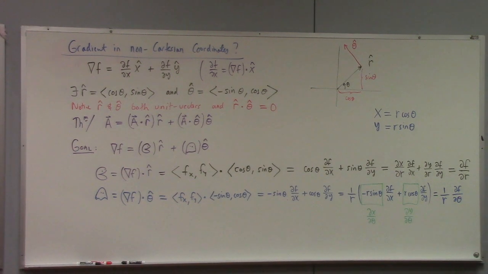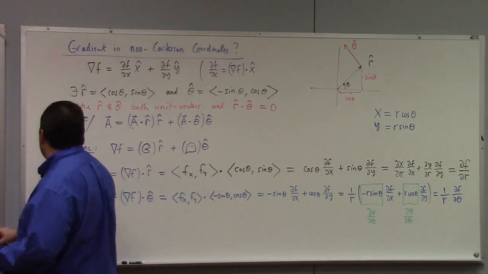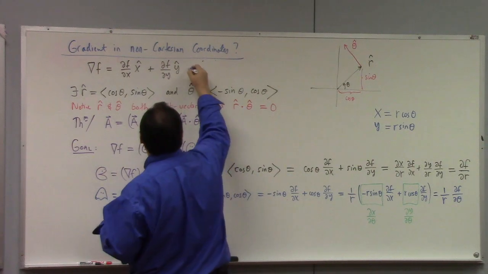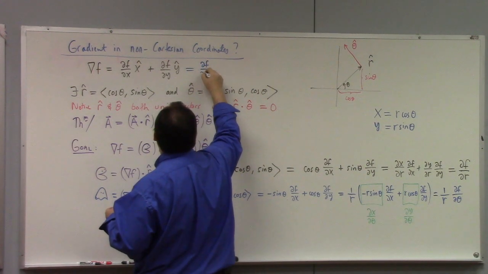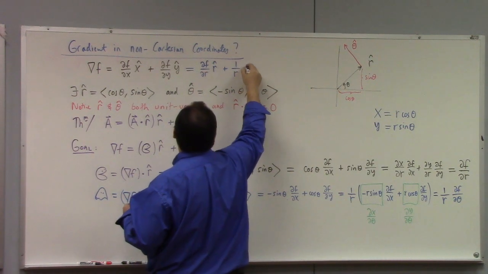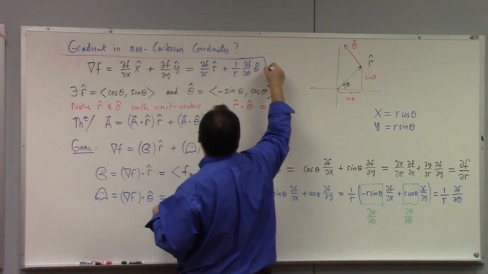So what have we just shown? We have shown that if we'd like to, we could take the gradient and rewrite it in polar coordinates like this. It is in fact partial f, partial r, r hat, plus 1 over r, partial f, partial theta, theta hat. So there you go.